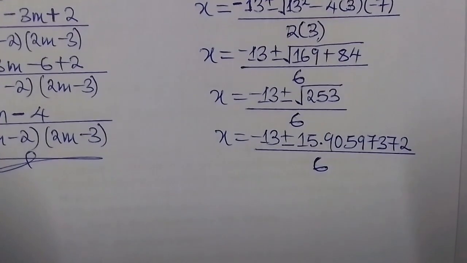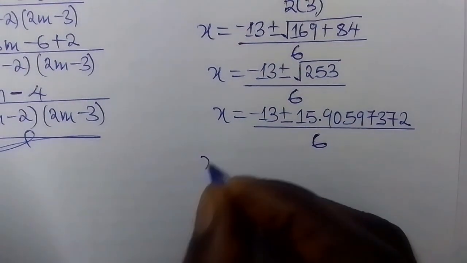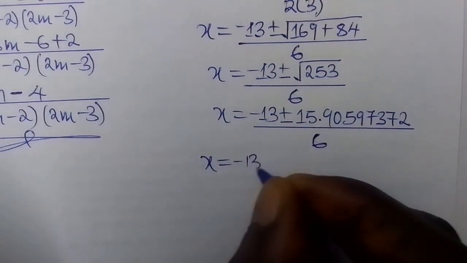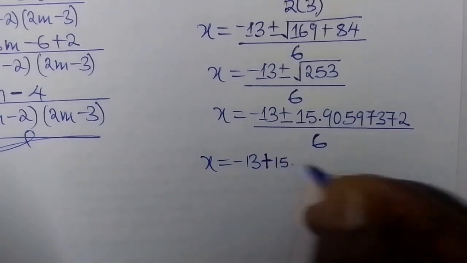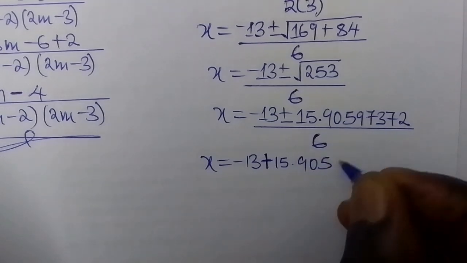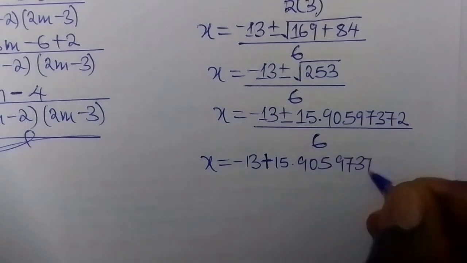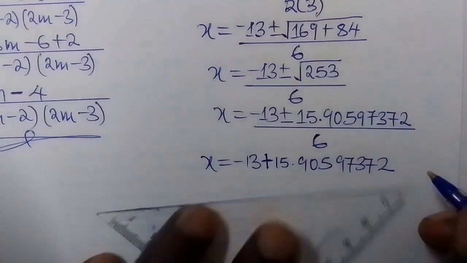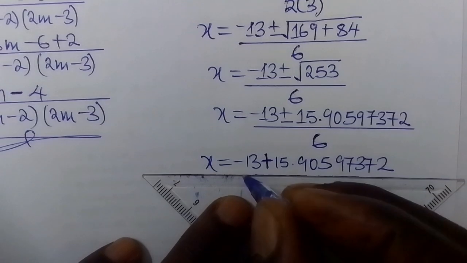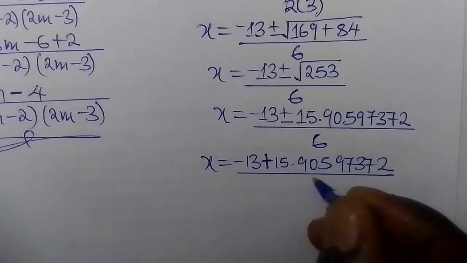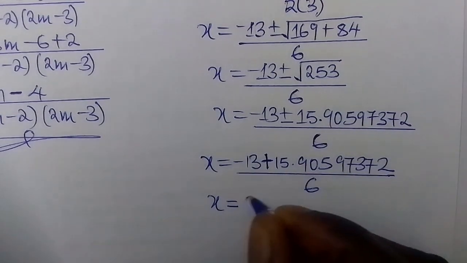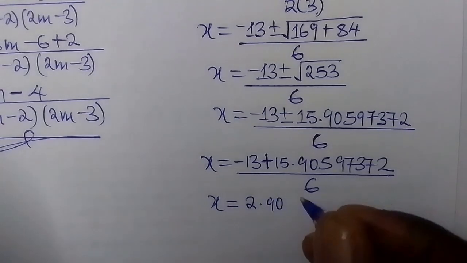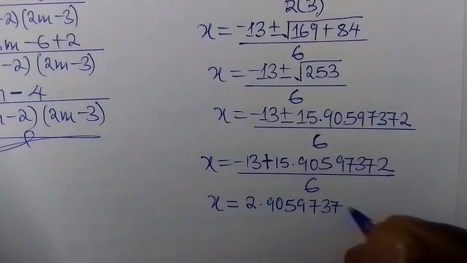So this will give us the following. Adding -13 plus 15.90597372 gives us positive 2.90597372.